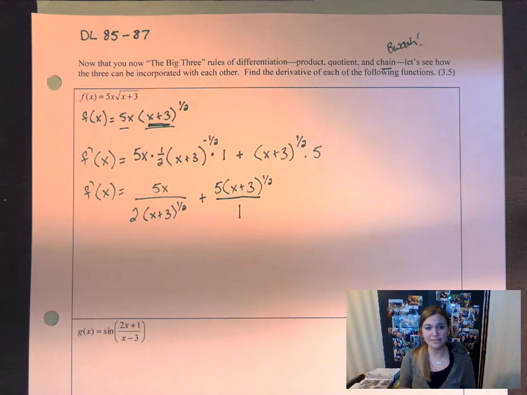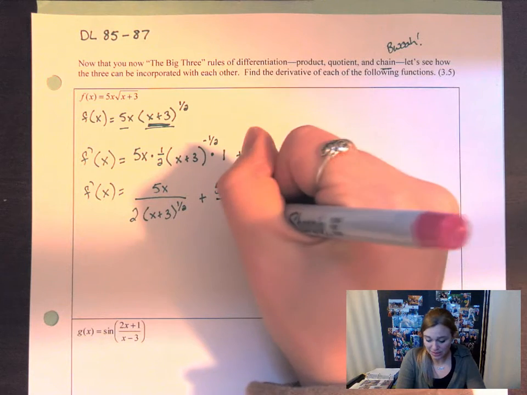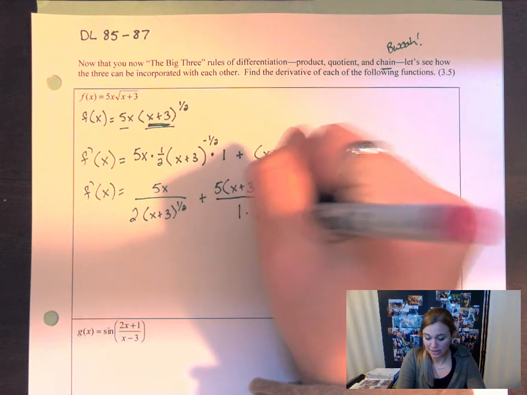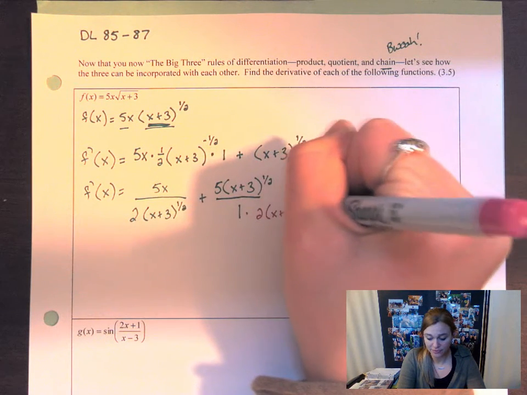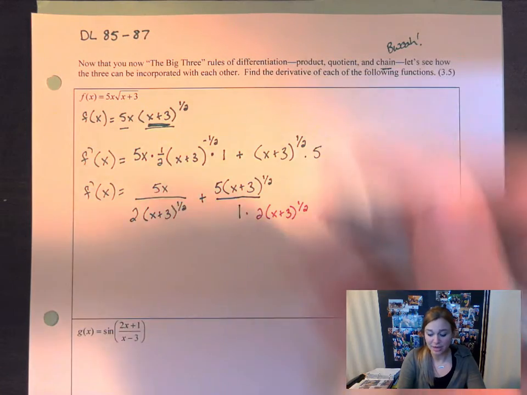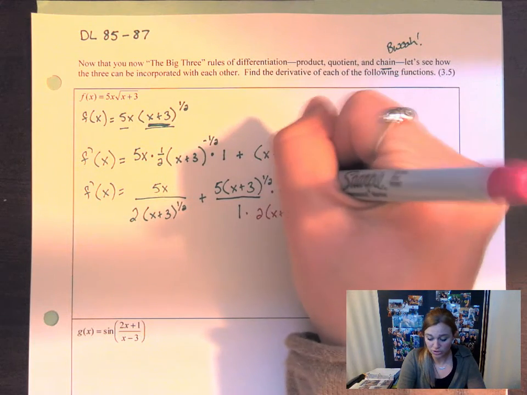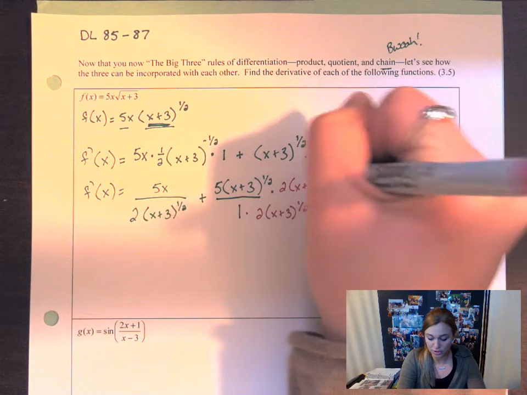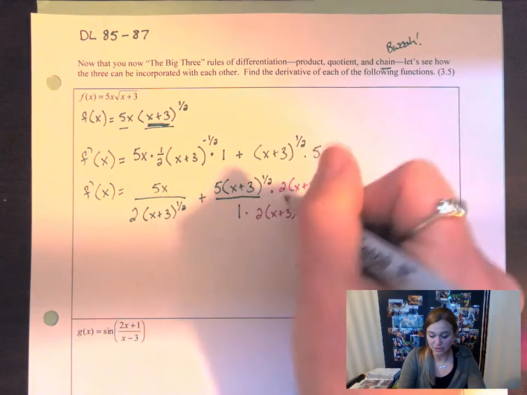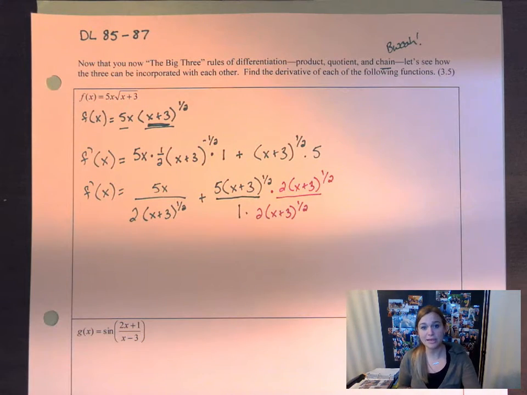And then to get a common denominator, I would need this one to have 2 times the quantity x plus 3 to the 1/2. If I did that in the denominator, I would need to also multiply that in the numerator, because that's just some crazy form of 1 that I'm multiplying by.